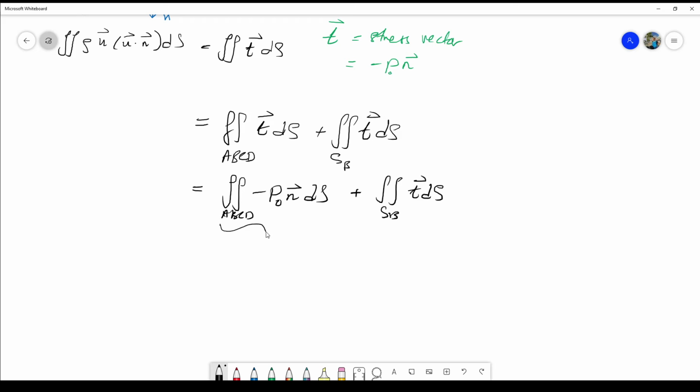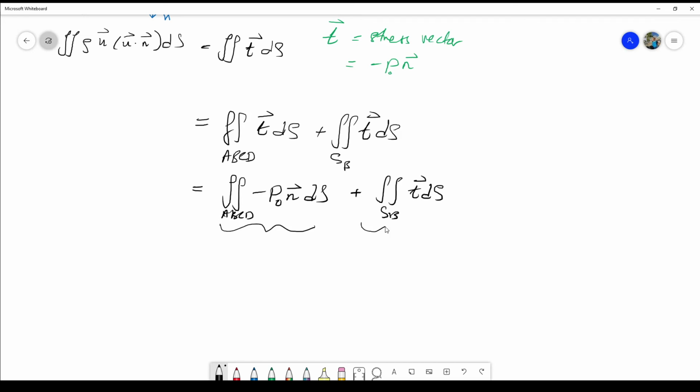If our control volume is subjected to constant pressure, then the integration over the control surfaces for this part of our equation will result in no resultant force due to the closed surface of our control volume. So they will cancel out each other.